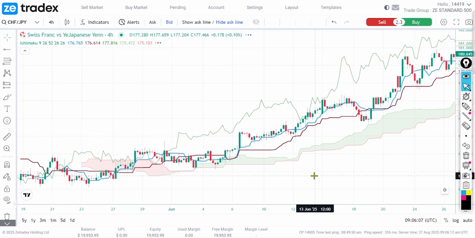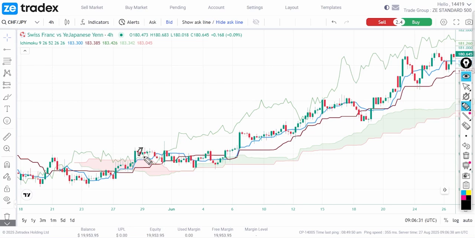All right. These are the rules for the long position. The first thing to look at is a close above the cloud. The price must close above the cloud. Like here, we see a price close above the cloud.